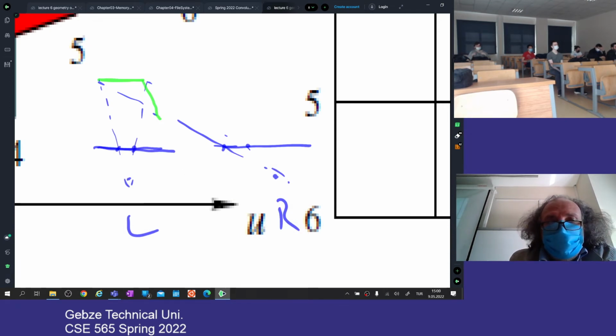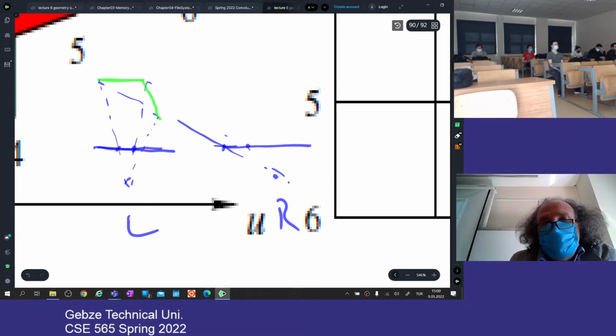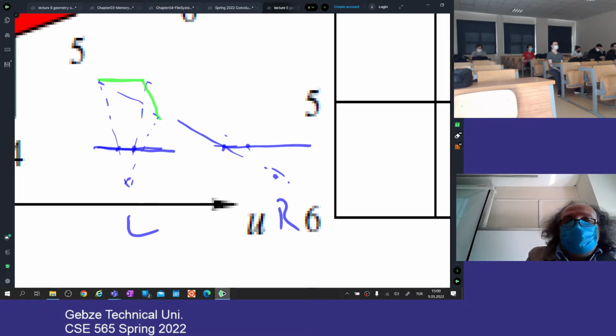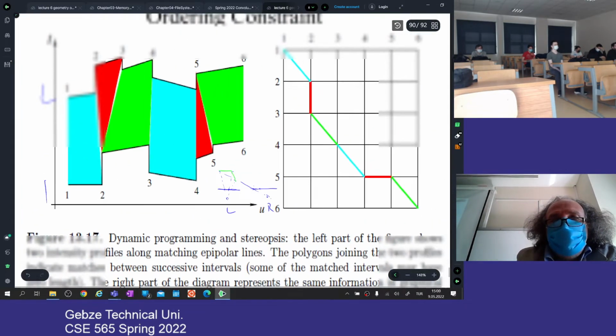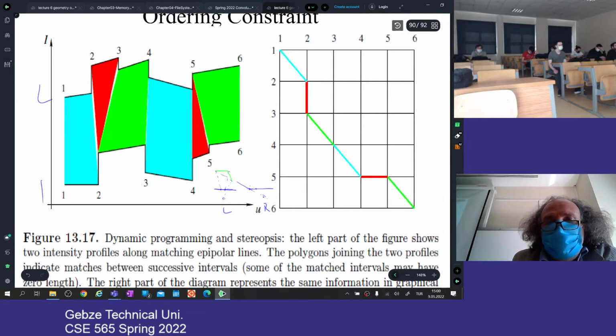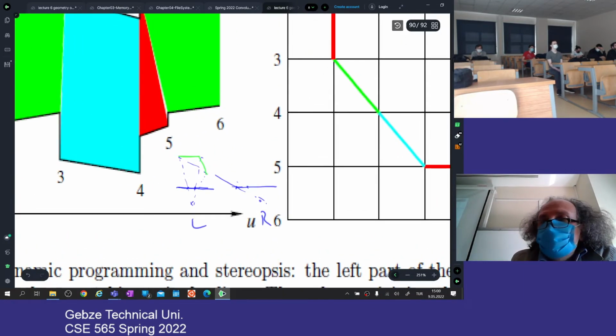Okay, so it will not be visible on my right, but it is visible on my left, because I am seeing the back side of this surface. So this will correspond to this point, and then I have this continuation.